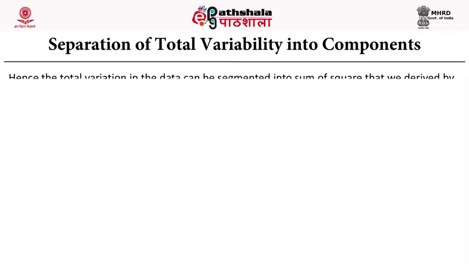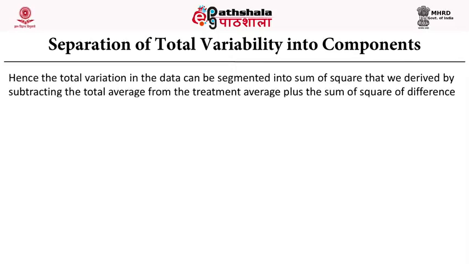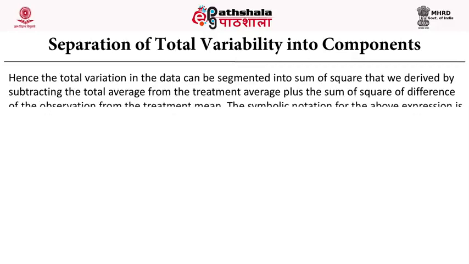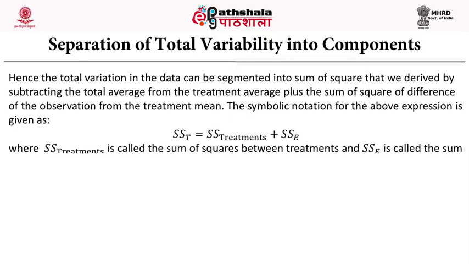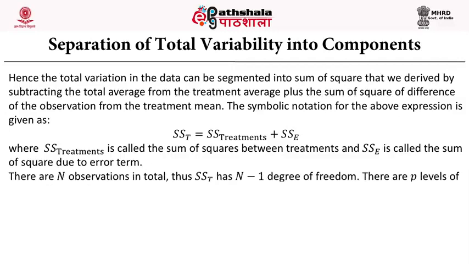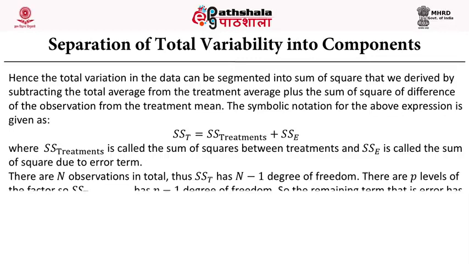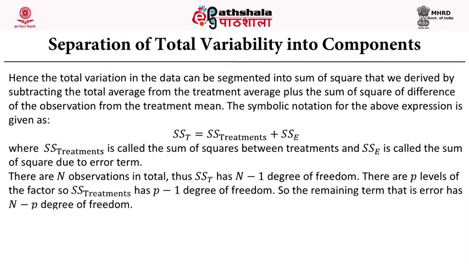Hence, the total variation in the data can be segmented into the sum of squares derived by subtracting the total average from the treatment averages, plus the sum of squares of the differences of the observations from the treatment mean. The symbolic notation for the above expression is SS total = SS treatment + SS error, where SS treatment is called the sum of squares between treatments and SS error is called the sum of squares due to the error term.